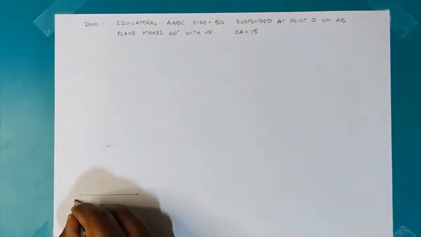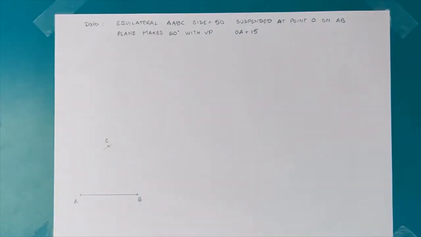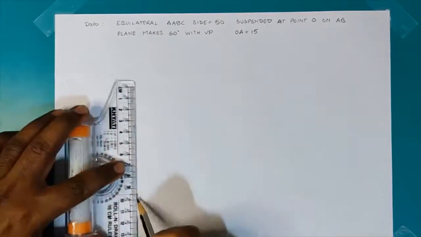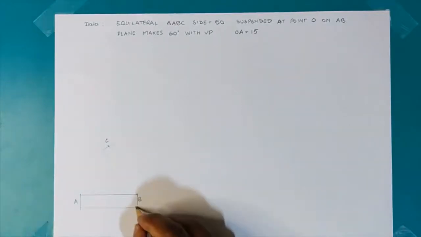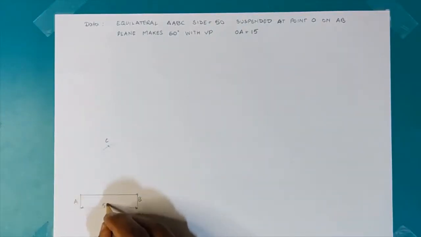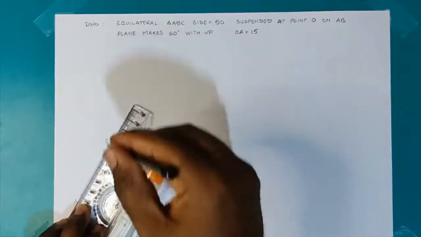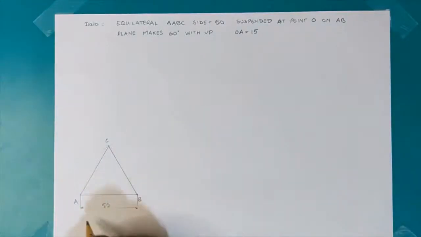So I get the third point and I join the 3 points to get the equilateral triangle. Remember, the side of the triangle is 50 mm. So I have now got the equilateral triangle for which I'll be finding the centroid. So this is the reference figure.